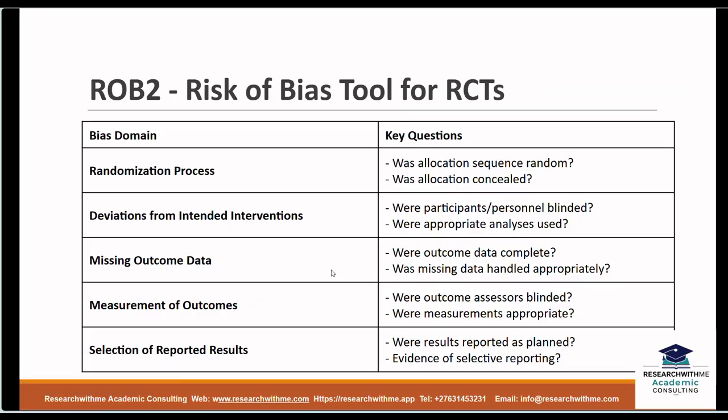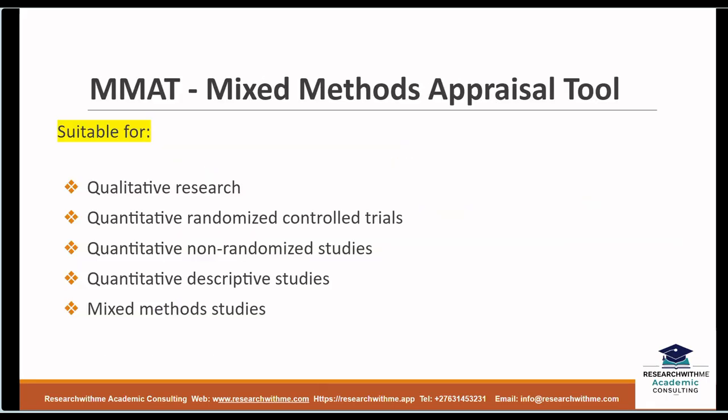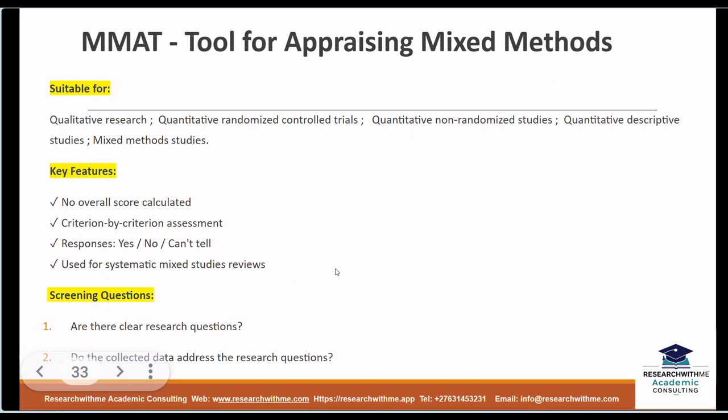We have talked about ROBs and we have seen the type of questions that were asked under ROB2, and the same thing goes for MMAT. We have seen examples of studies that it is suitable for, and we've also seen what the responses are in terms of yes, no or can't tell.